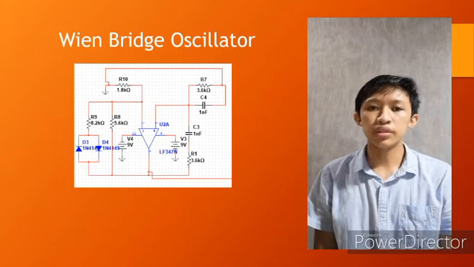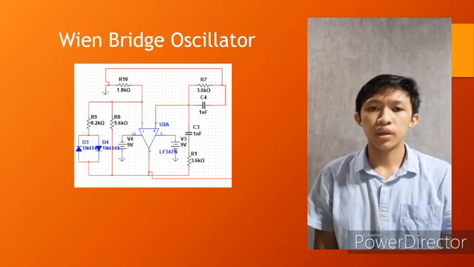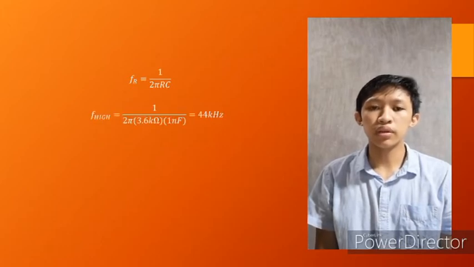I only changed the capacitor value and the resistor value for the Wien bridge. Using the formula 1/2 pi RC, I was able to calculate my required frequency for the 2 oscillators. For my high frequency oscillator, the value is 44 kHz, while the other one is approximately 10 kHz.